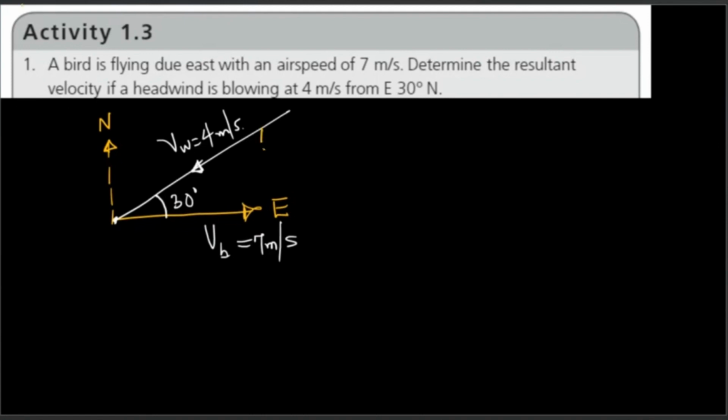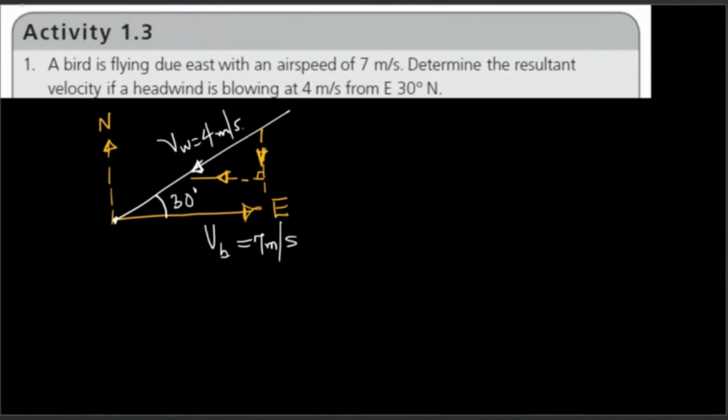We can put a right angle triangle here. The vertical is going to be pointing down, and the horizontal component is going to be pointing towards the western direction because it's coming from the northeast.